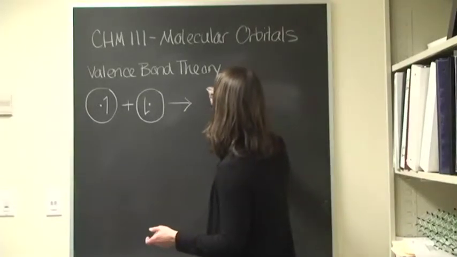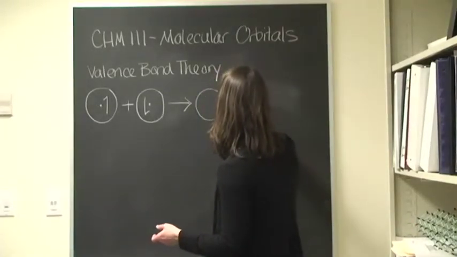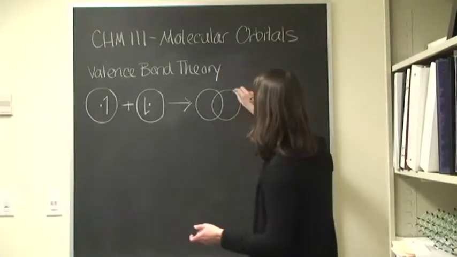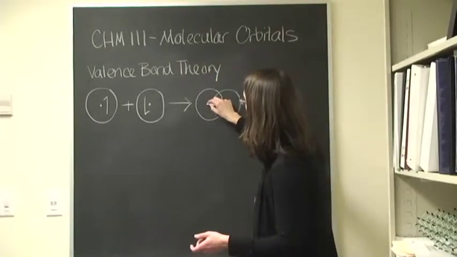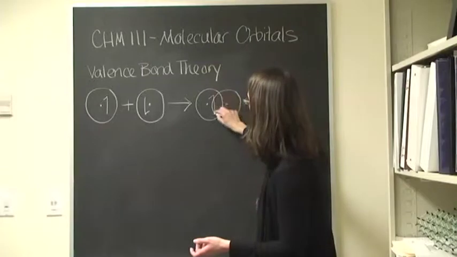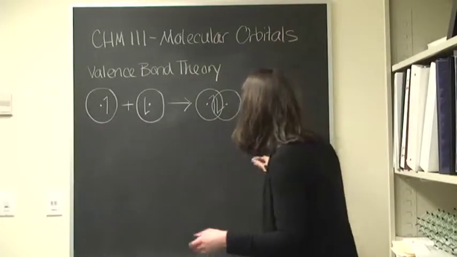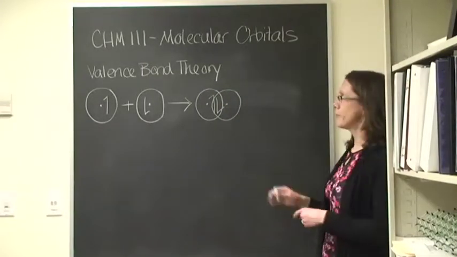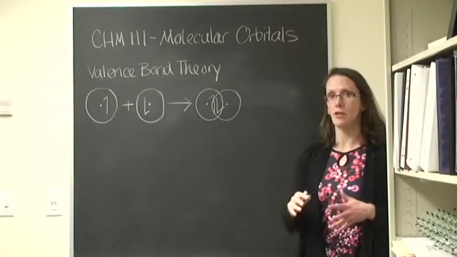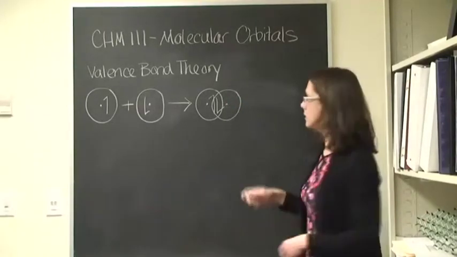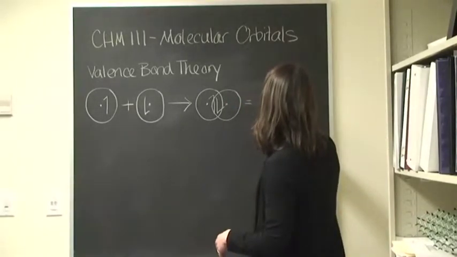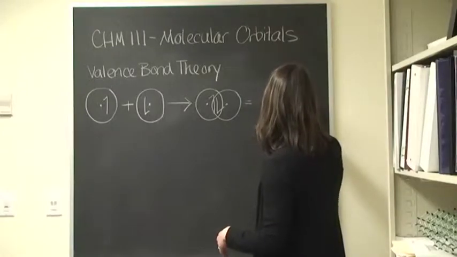So I can think about this in two steps. Right now what I'm going to draw is just the superposition of those two atoms in space, and they bring their electrons together. When we take this overlap and draw what that overlap looks like in total, it really looks something like this.